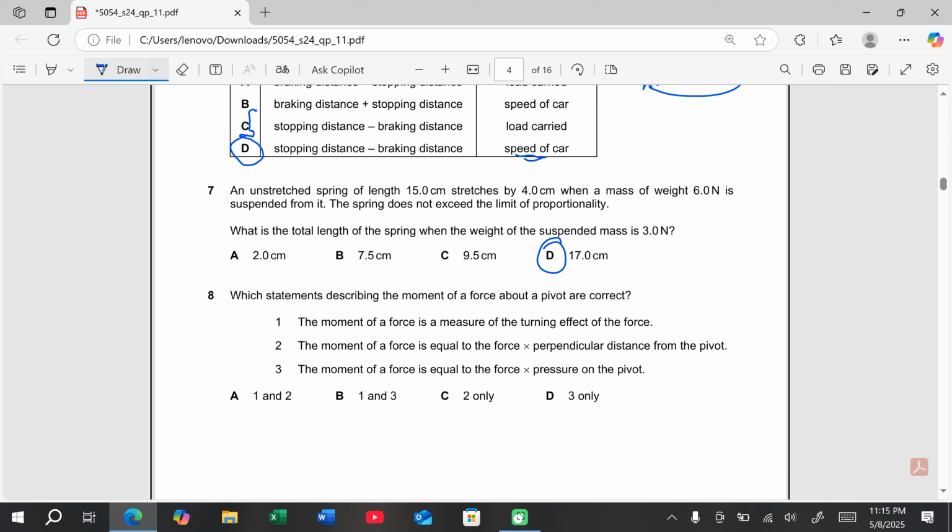The moment of a force is a measure of the turning effect of a force. Yes, that's correct. Moment of force is equal to force times perpendicular distance from the pivot. That is also correct. The moment of force is equal to the force times pressure on the pivot. That's wrong. So it's A.